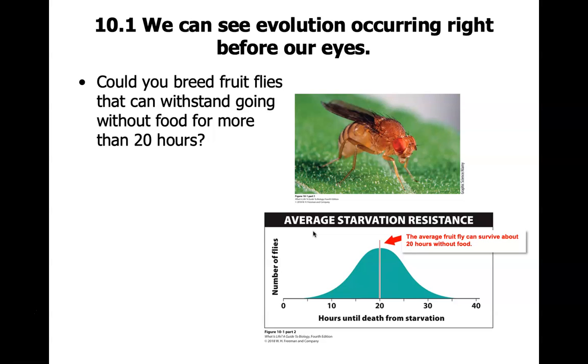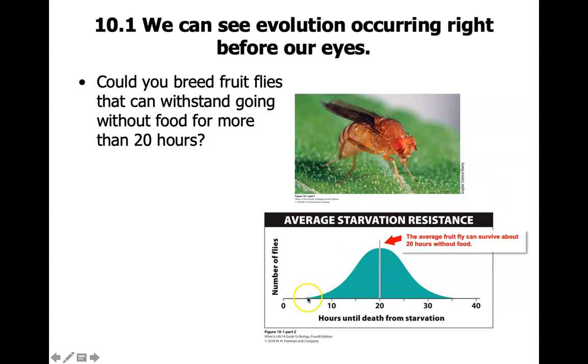The average fruit fly can live for about 20 hours without eating anything. At about 20 hours, you are probably getting hangry. I know I'm getting hangry, but flies are going to start to die. They're very small. They don't have a large reservoir to store fat and other nutrients within their body, so they have to eat quite frequently. So researchers wanted to answer this question: can you increase the time that a fly can go without food?